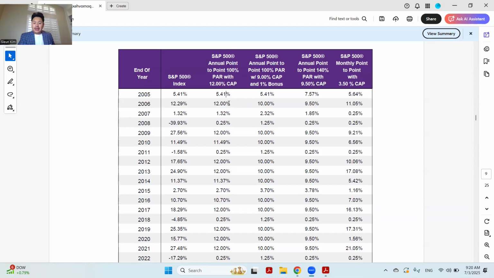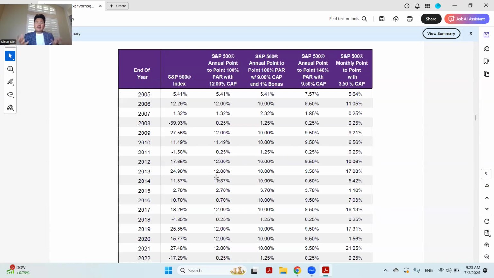Okay, but when the market is negative, like 2008, negative 39%, our clients didn't lose any money. They actually got a 0.25% return. Anytime the market goes negative, you get a 0.25% floor. But if the market does higher than 12%, then it gets only 12%. So that's the give and take. So it's not too good to be true.